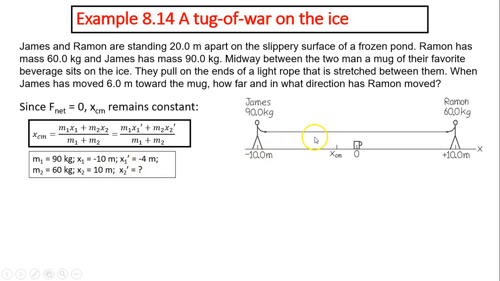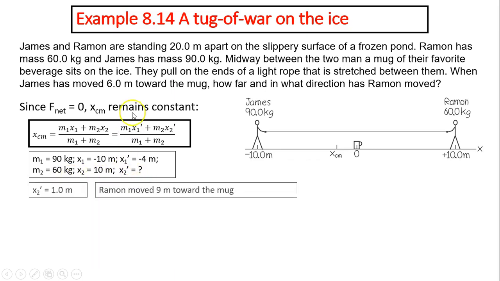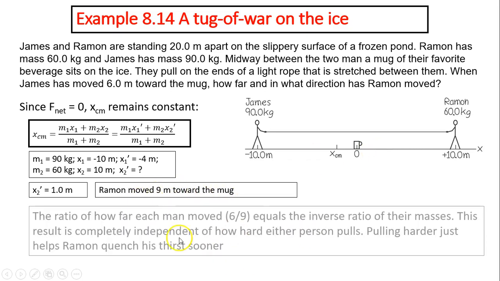Because James moved 6 meters toward the mug, so the new position is -4 from the mug. And we want to find Raymond's position. Plug this in. We find Raymond's position is 1 meter from the mug, right over here. That means Raymond must have moved 9 meters, because originally it was 10. Now his position is 1, so Raymond has moved 9 meters toward the mug.